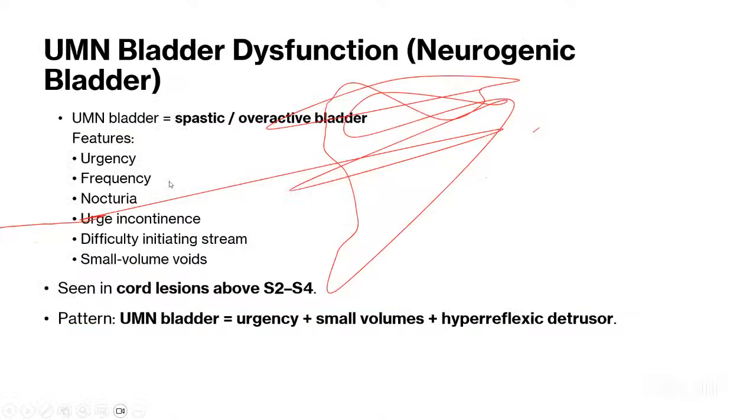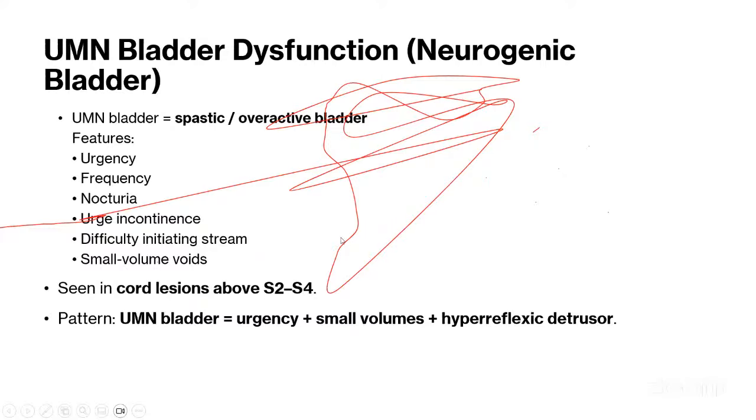So the UMN bladder is spastic or overactive: urgency, frequency, nocturia, urge incontinence. In the spinal cord, they may have difficulty initiating the stream or small volume voids. This is seen when the lesion is a cord lesion above S2 to S4.